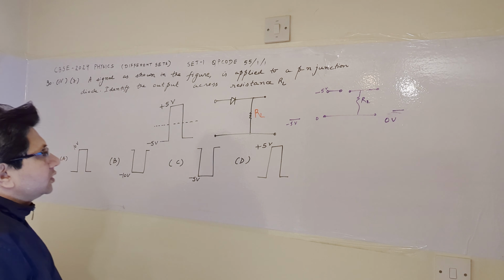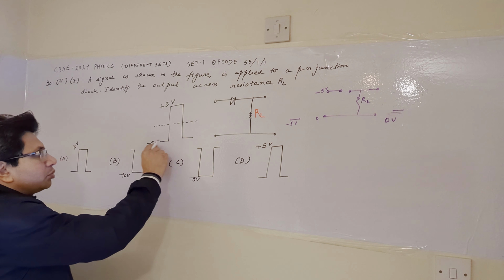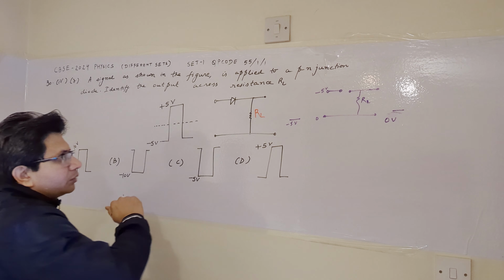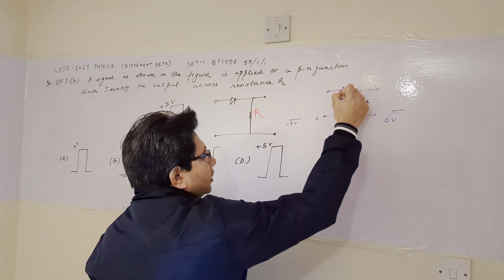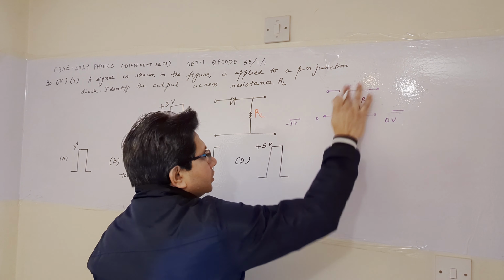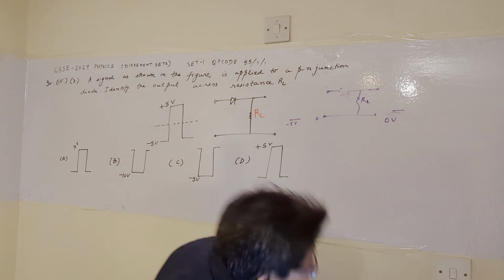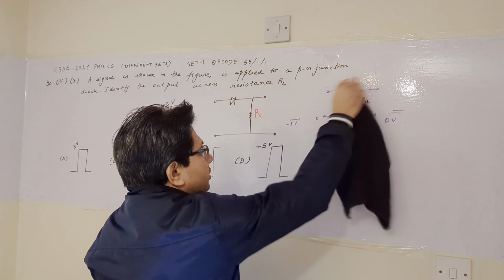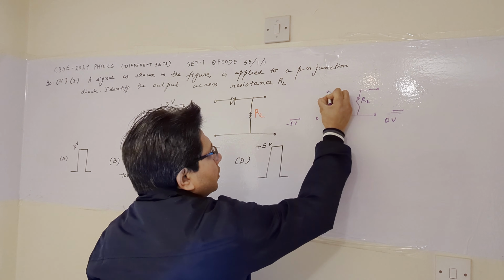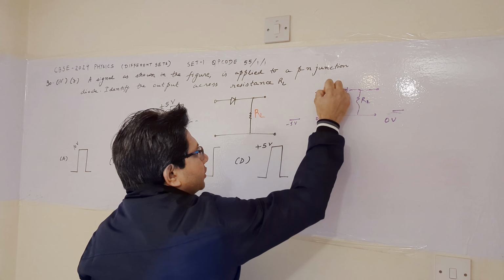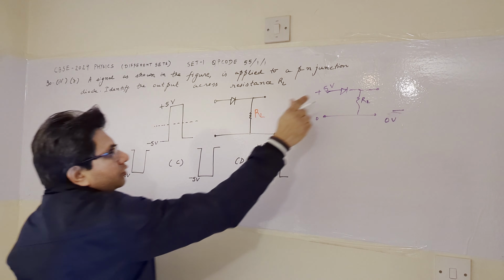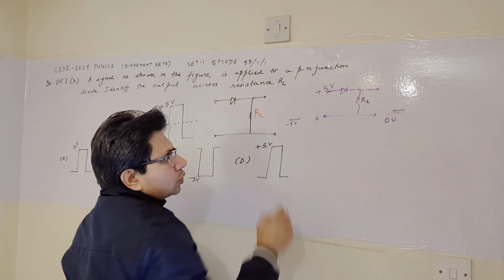Now, when the signal switches from minus 5 volt to plus 5 volt, what happens? Here, again, we draw the diagram of the diode. We have applied the positive. Now here the signal is positive 5 volt with respect to the lower terminal.